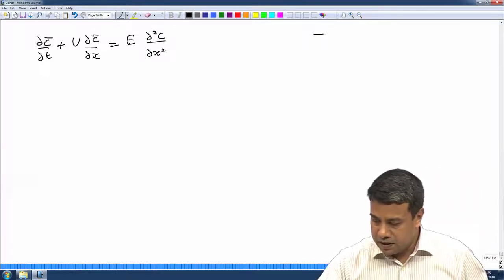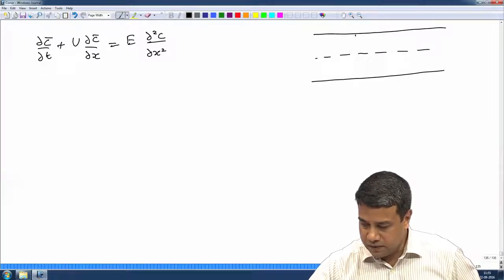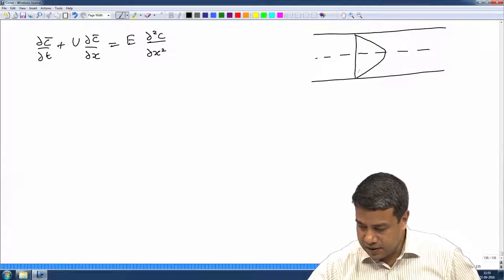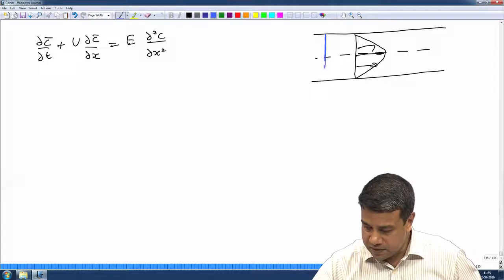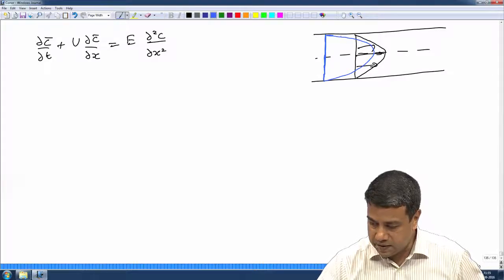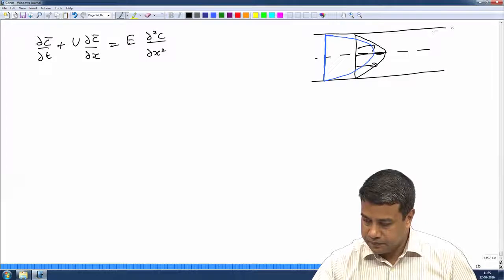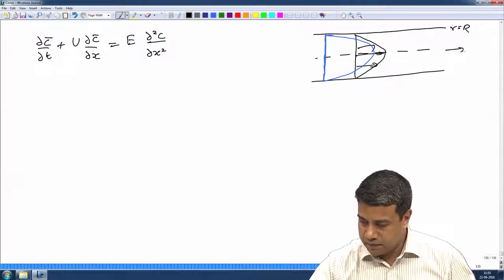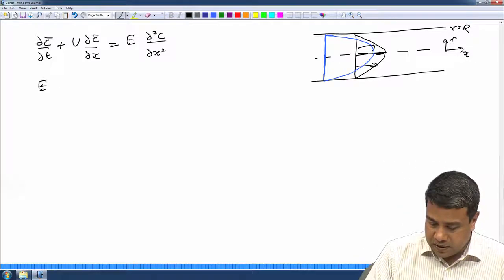And it represents the spreading, the dispersion, of an element of solute due to the mean flow which tends to distort this element of solute, where E was equal to u square r square by 48 d.